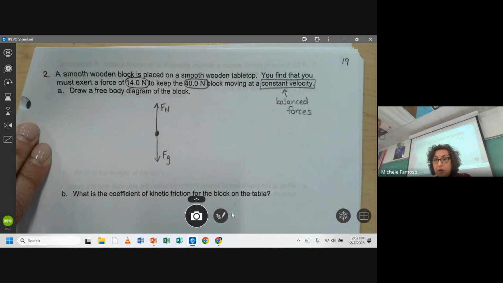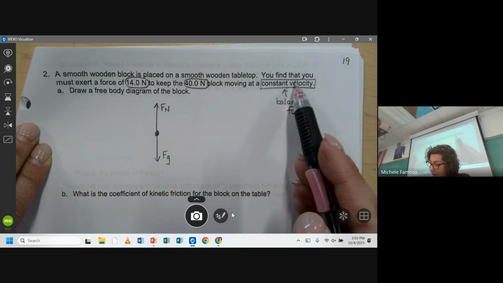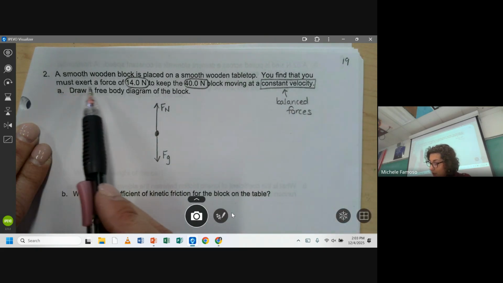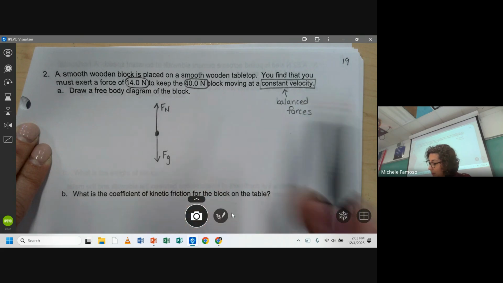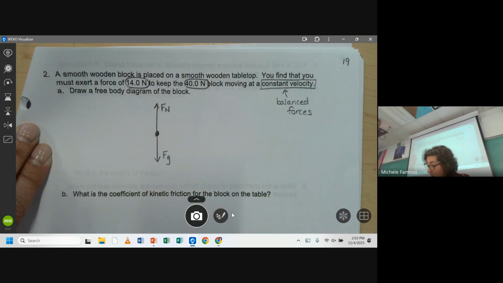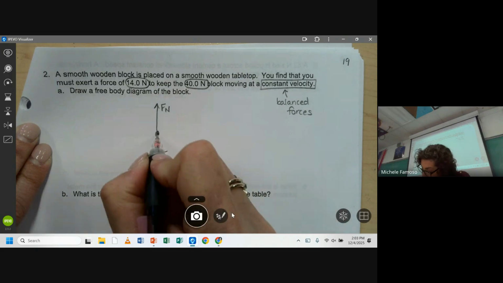Aiden, can you name another force acting on the block? You find that you must exert a force of 14 newtons to keep it moving. It doesn't say which direction, so you pick. Okay.